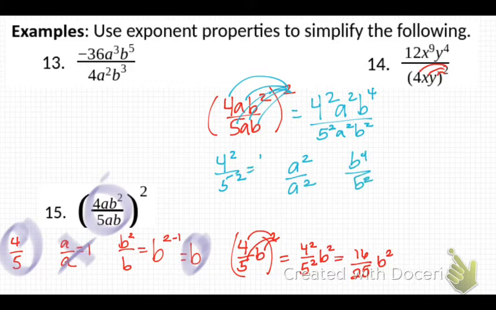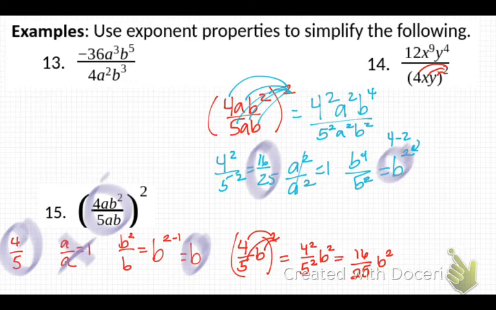I get 16 over 25. What's a squared divided by a squared? That is just 1 again. And what about b to the 4th divided by b squared? B squared, because 4 minus 2 is 2. So I still have 16 over 25 b squared.